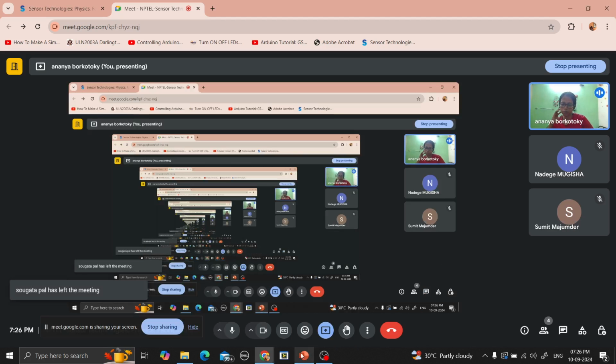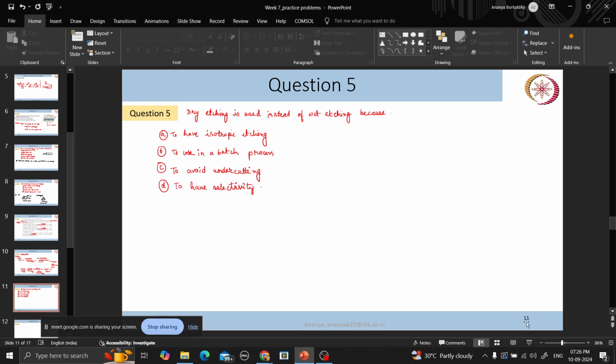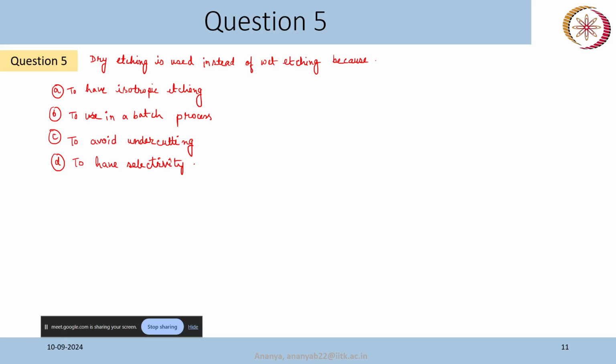Okay, if there is no answer, let me go through it. So what are the parameters that I have discussed in case of etching? We have a few parameters: selectivity, directionality, and etch rate.